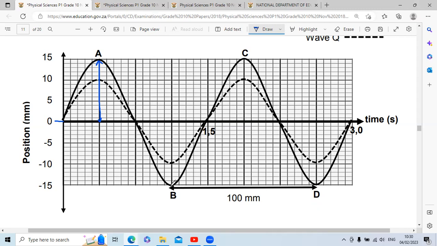But from B to D, that's where we have our wavelength. So remember, our amplitude is on the Y, and our wavelength is gonna be on the X. Can you just keep that in mind, that amplitude is gonna be vertical and wavelength is gonna be horizontal.